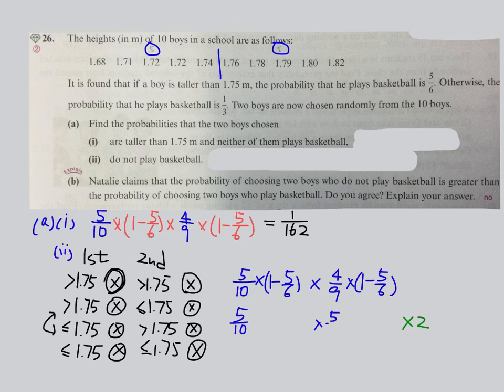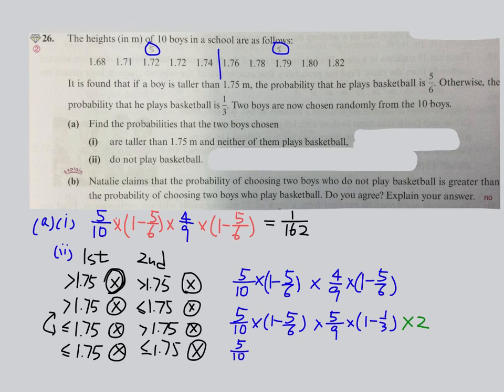Another one we still have 5. For greater than, if the first one is greater than 1.75, then not playing is this. Another one not playing is 1 minus 1 over 3.